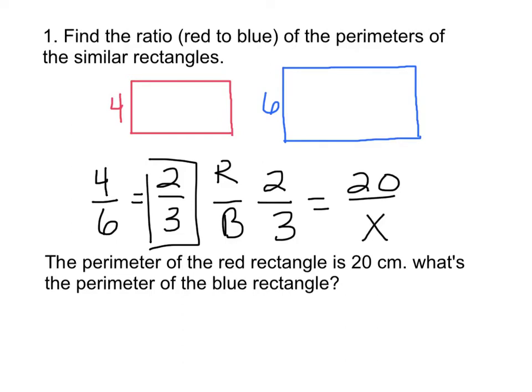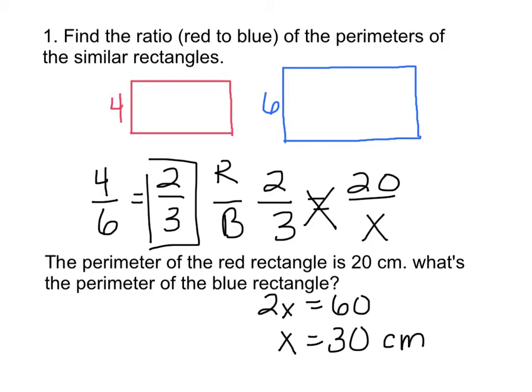We can write a proportion because we know it's in the ratio of 2/3. Cross multiply. 2 times x is 2x, 3 times 20 is 60. Divide by 2, the perimeter of the blue rectangle would be 30 centimeters. And that would be my answer.